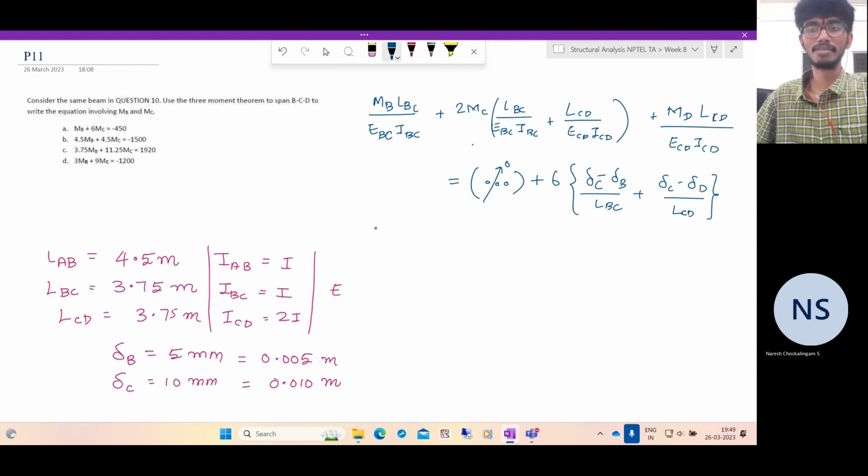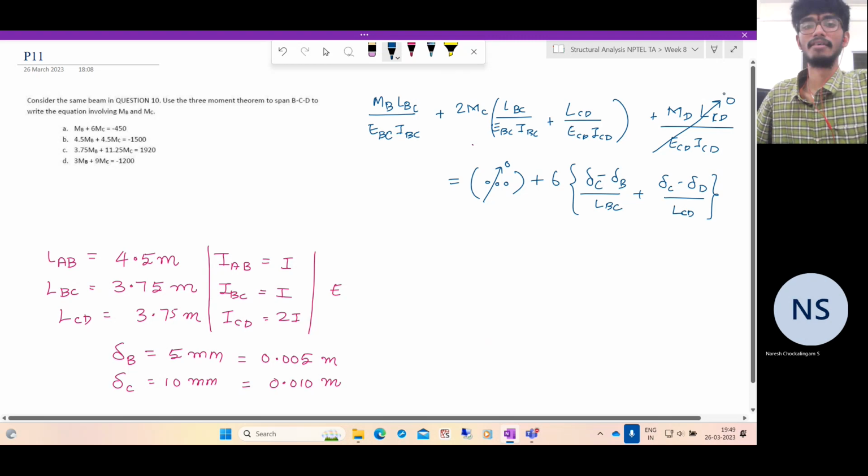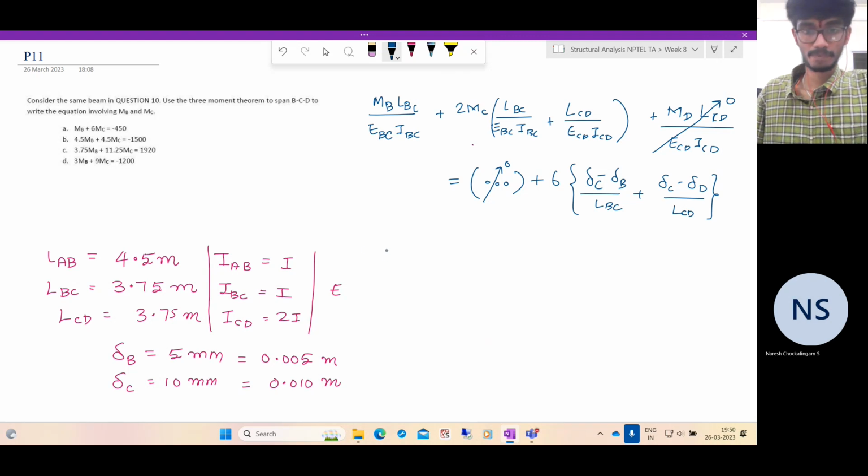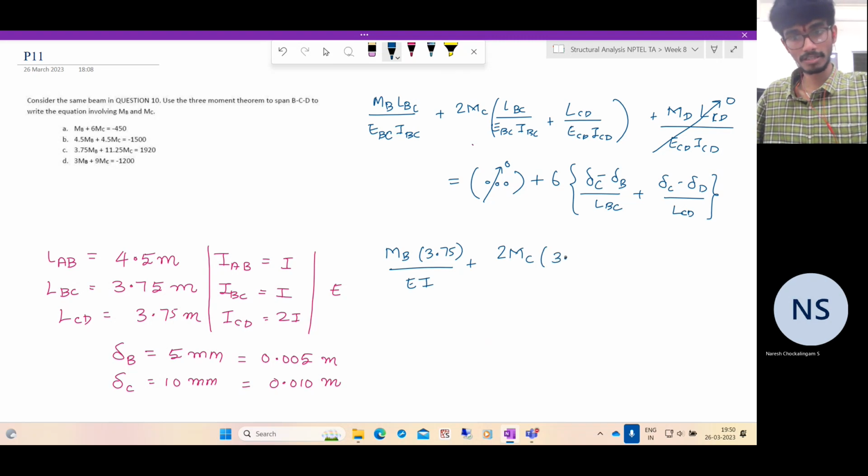So what is this equal to? We know that MD is equal to 0, so this does not contribute. What is MB? So MB is, and LBC is 3.75. This is EI plus 2MC. So LBC is 3.75.